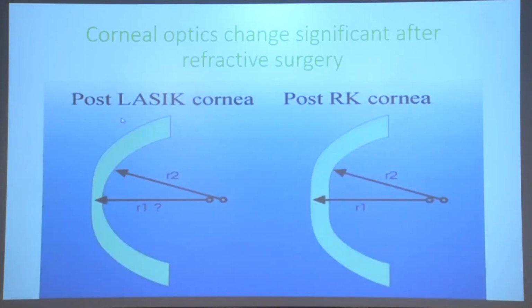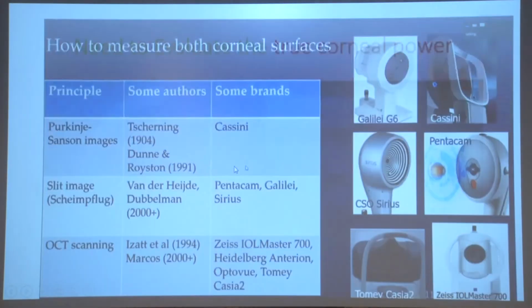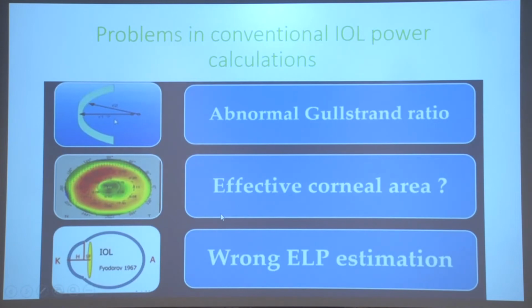What happens in a post-LASIK patient? Well, this is a bit of an exaggeration. It is not such a top hat in these prolate cornea days, but I am just trying to explain that this ratio is changed. What are the problems if we use conventional IOL power calculations?